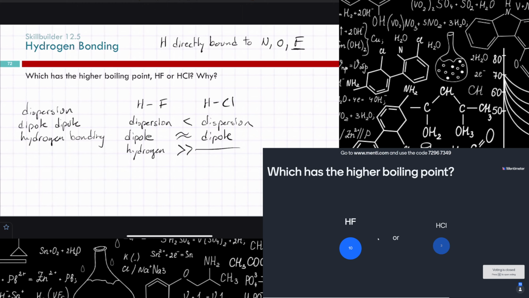Oh, and sorry. The question here is specifically which has a higher boiling point. The molecule with the stronger intermolecular forces is going to have the higher boiling point. So that's kind of why you can answer the one question with another question, or by answering a separate question.